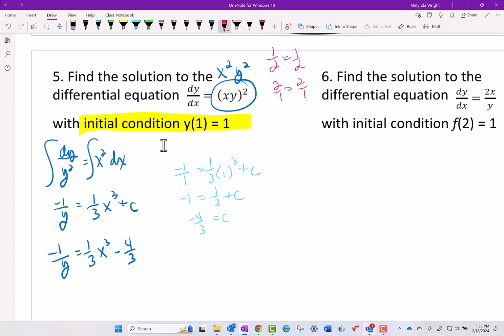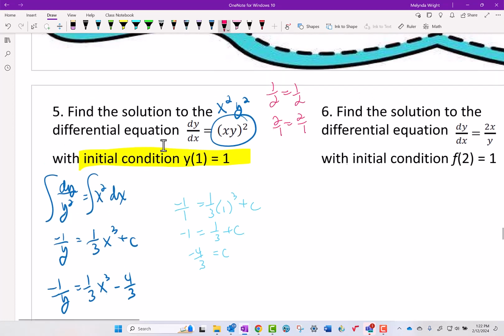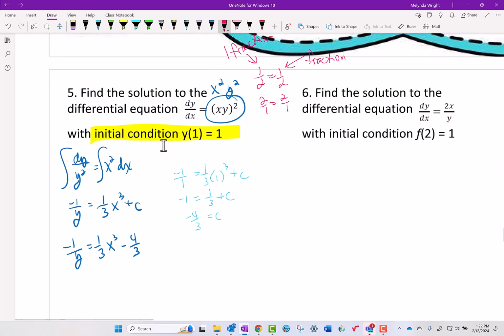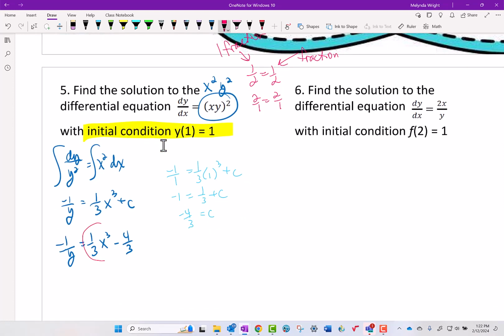But here's the trick. It can only be one fraction on each side. One fraction, because this is where students make mistakes on this algebra. I cannot have one fraction equal to two fractions and do the same thing. Okay, you with me? So, what do I want to do? I want to turn this side right here into one fraction.